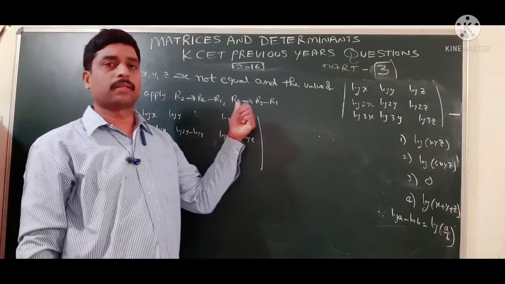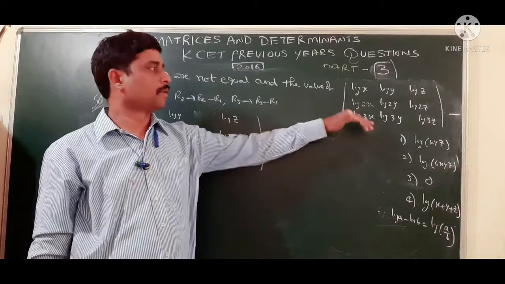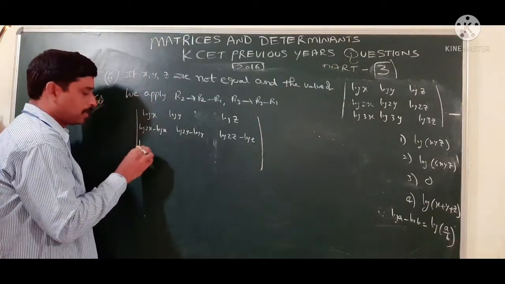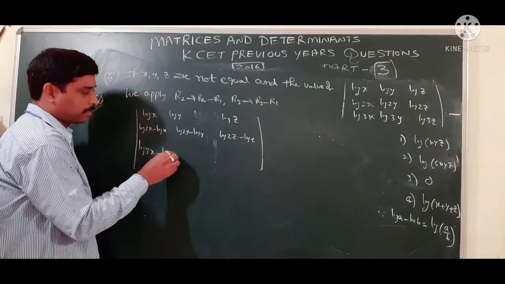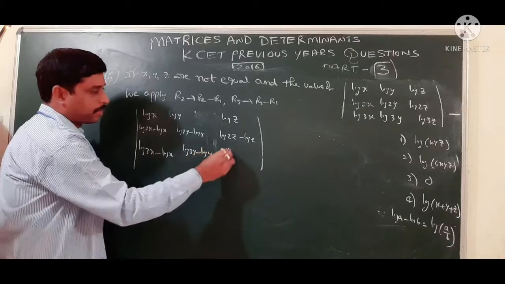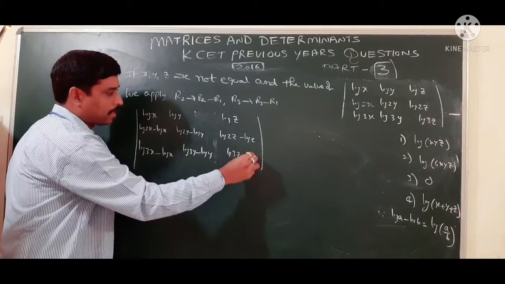And next, the operation R3 replaced by R3 minus R1: log 3x minus log x, log 3y minus log y, log 3z minus log z.